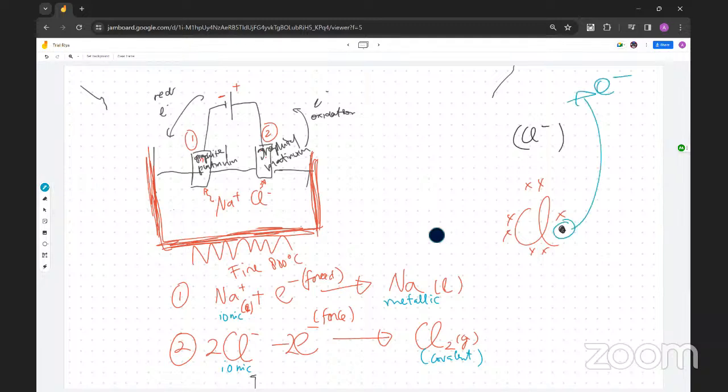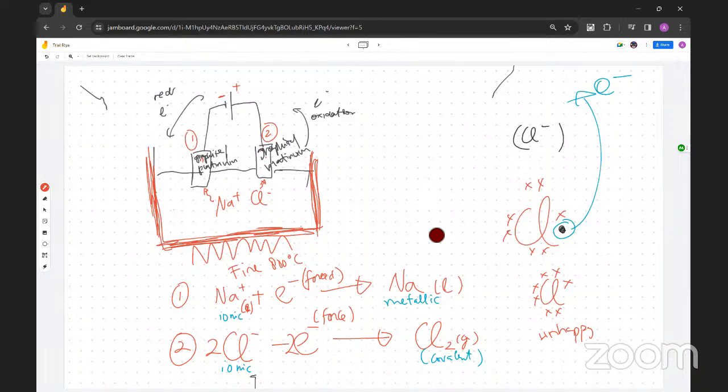The electron flies away, and you are now left with this one. Now, if you remember from your sec 3, this is a very unhappy thing, right? He doesn't want to be in this situation. He was very happy as Cl-. Now the electron is stolen and he is unhappy.